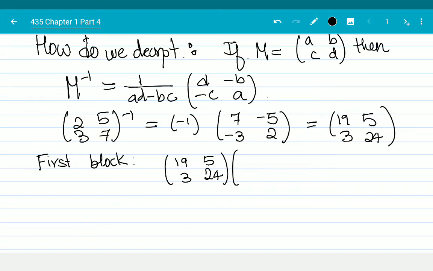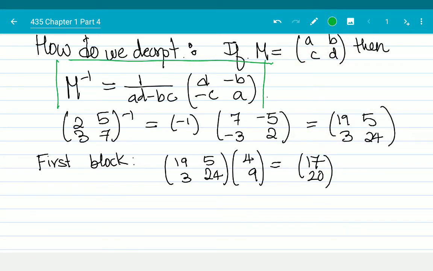When you hit that with 4, 9, which is the first block of the ciphertext, you do get, after computation, 17, 20, which is the first block of the message. So this works great. However, the important part is this: we can only do it with this.